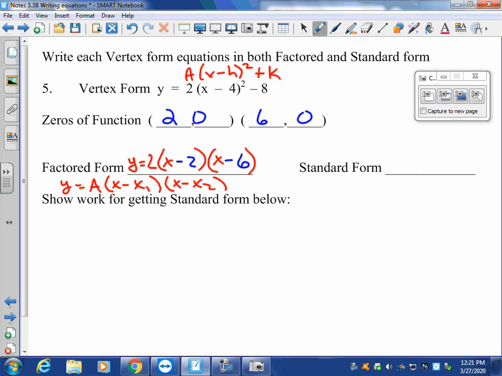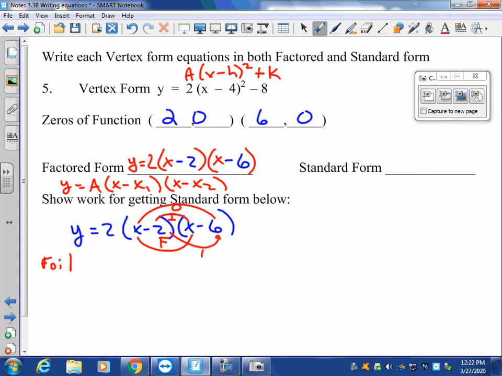So to do the factored form, y = 2(x - 2)(x - 6). First, you need to do what we call FOIL and put the parentheses together. First, outer, inner, last.